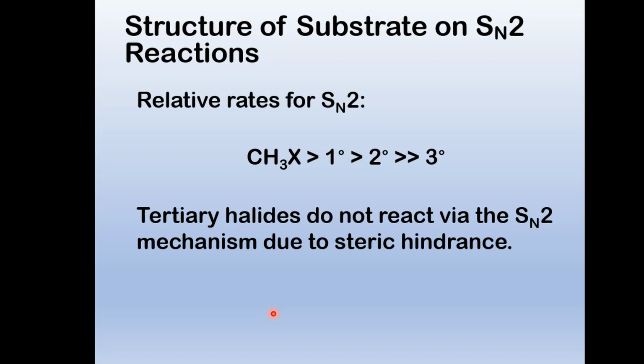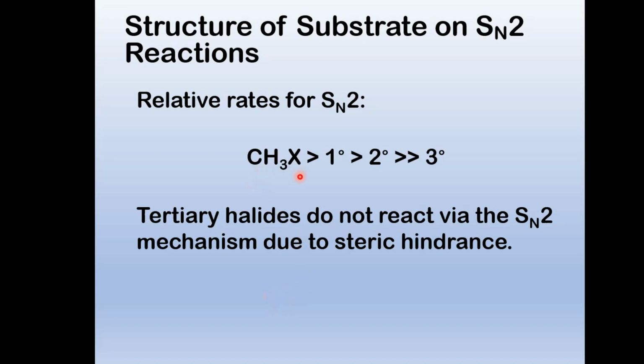So we can look at the alkyl halide and decide whether it's good for an SN2 reaction or good for an SN1 reaction. Or we say if it's going to be involved in an SN2 reaction, which one's best. So here are reaction rates for an SN2 reaction.